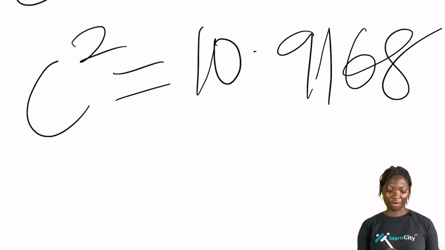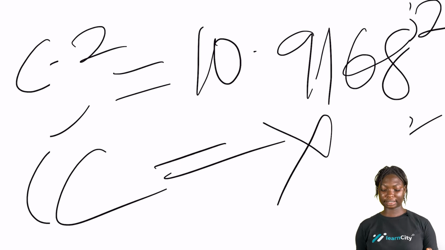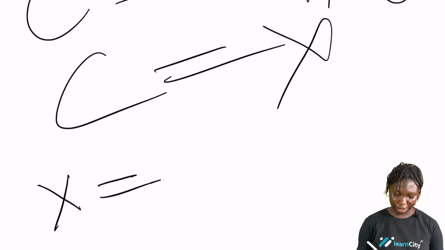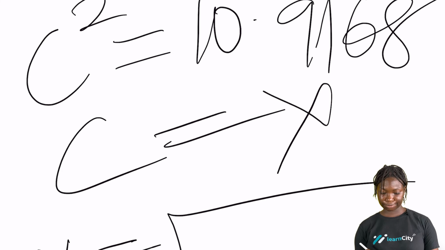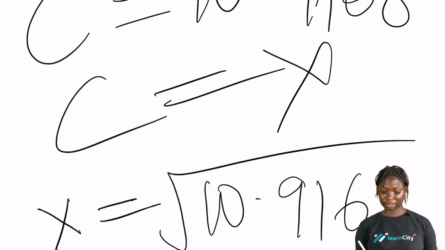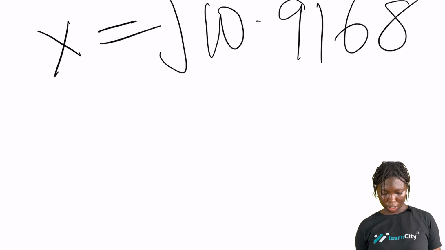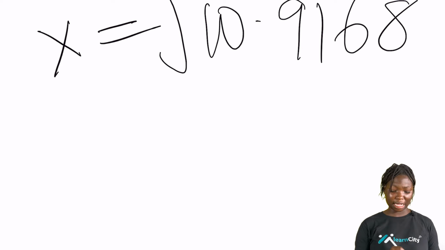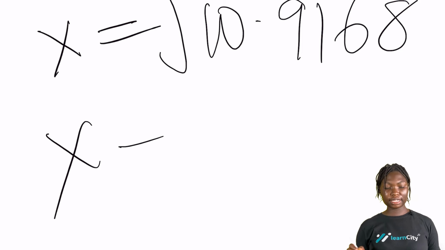So here we know that our C is also equal to X. So we have X to now be the square root of 10.9168.